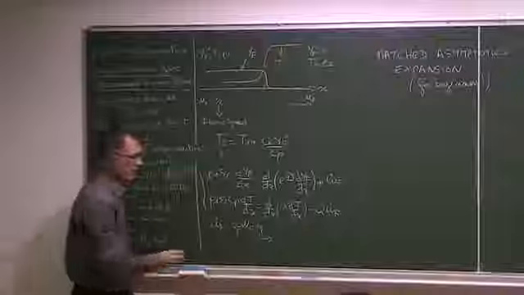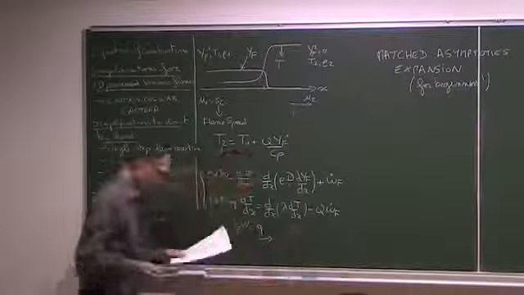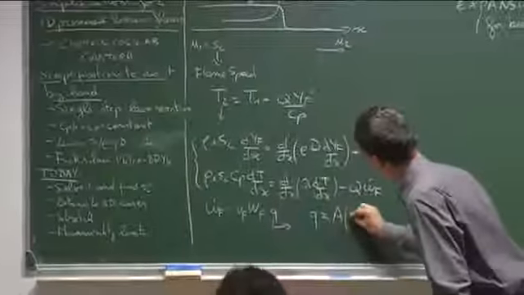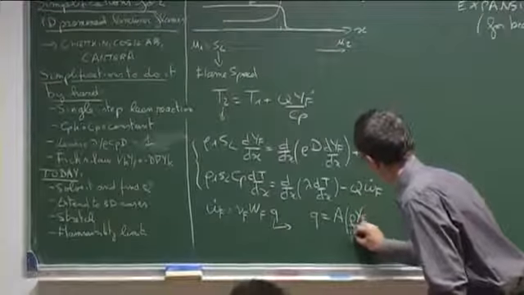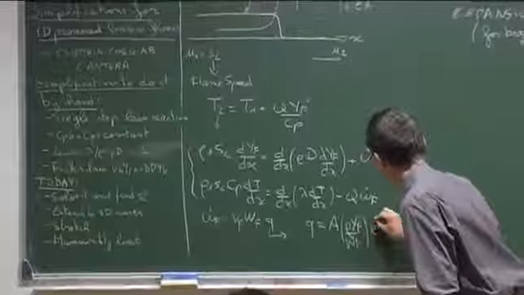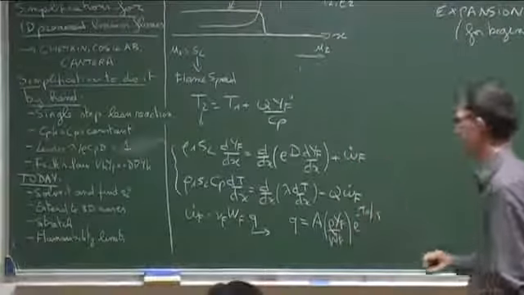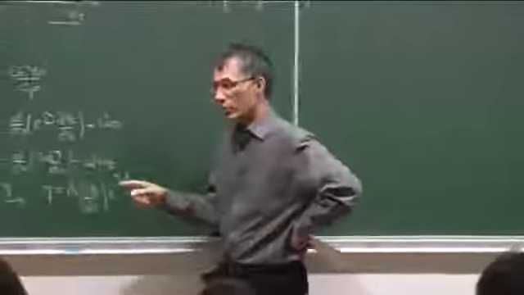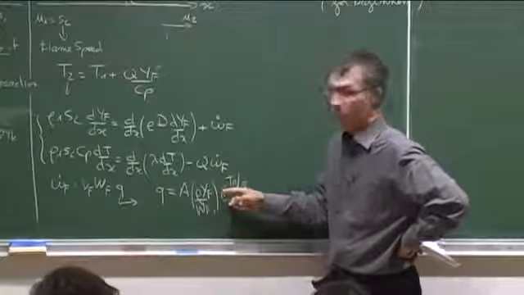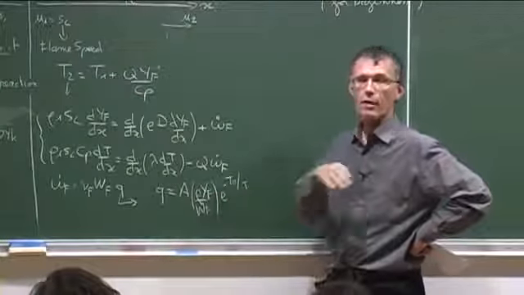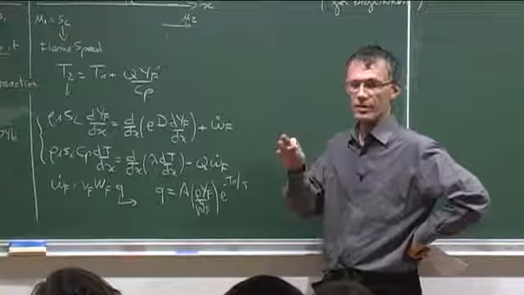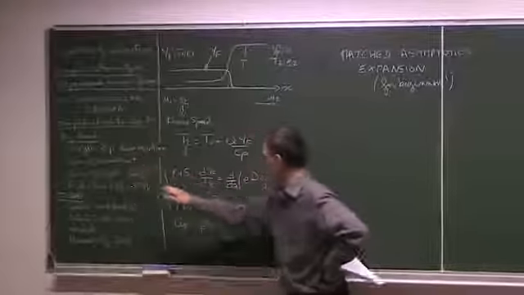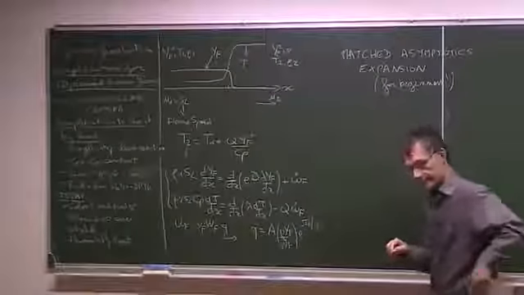And q itself is going to be given by a pre-exponential constant multiplied by rho YF over WF, times exponential of minus Ta over T. I've shown that also in the previous course. Here, I have supposed that the oxidizer does not play a role. We have a lot of oxidizer. We don't need to care about the oxidizer. We care only about the fuel. So this corresponds to this assumption: a single-step linear reaction. You can write it this way.